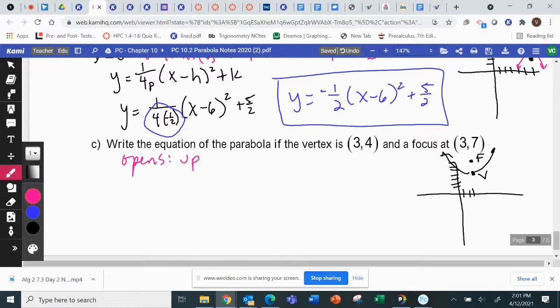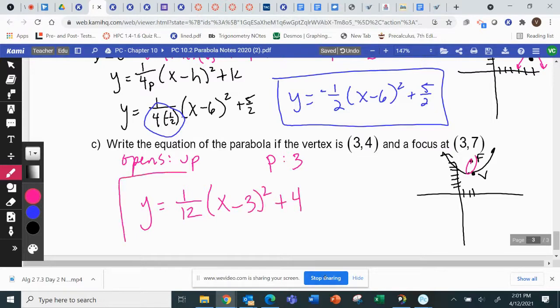I don't need to find the vertex. It's given to me. So I just need the p-value, which is 3. Y equals 1 over 12 times x minus 3 squared plus 4.